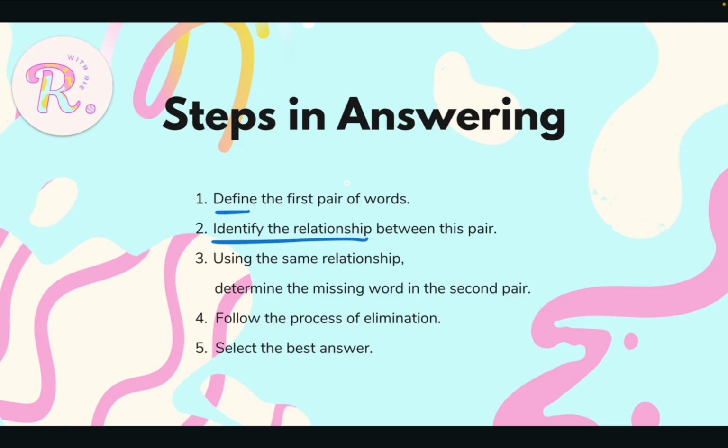So it's better to identify the relationship first so that this is going to be your guidance. You're not going to get lost because you already know the type of relationship you're trying to find. And using that same relationship, you use that as your basis to determine the missing word in the second pair. And then follow the process of elimination. And if you're down to 2, you're just going to have to choose the best answer.